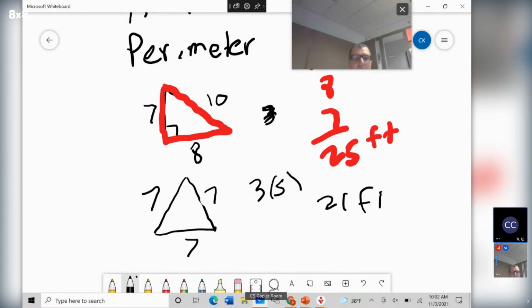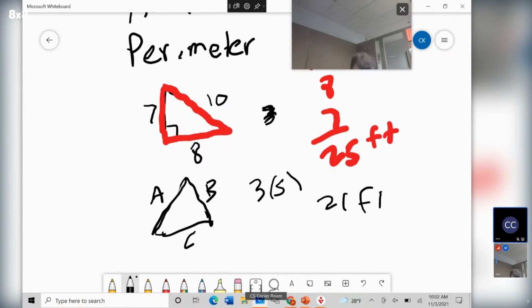Okay. Another thing it might do, for example, let me erase that. I'm sorry. It might say side A, side B, side C. That's an equilateral triangle, okay?